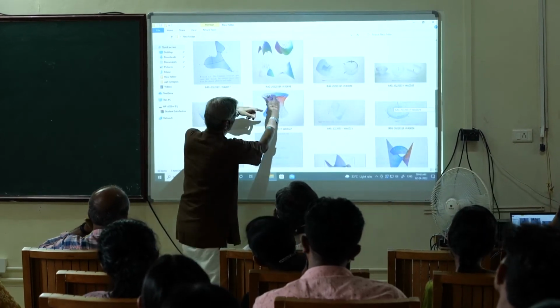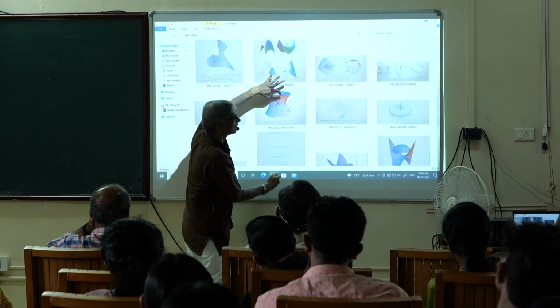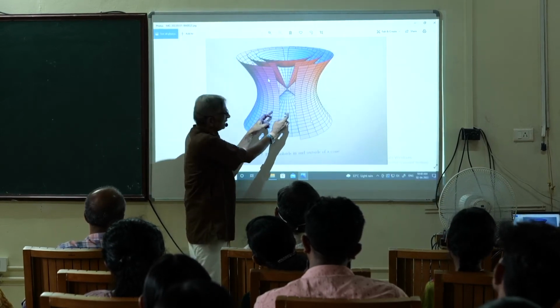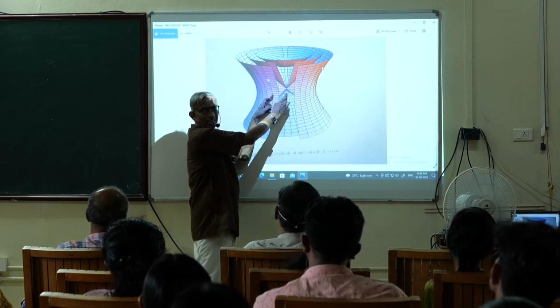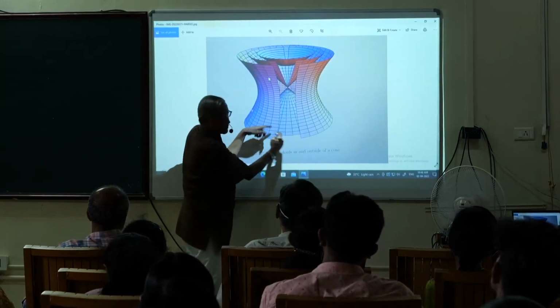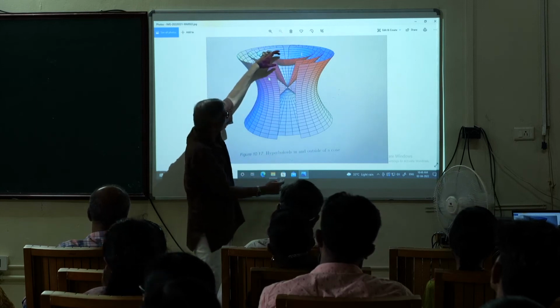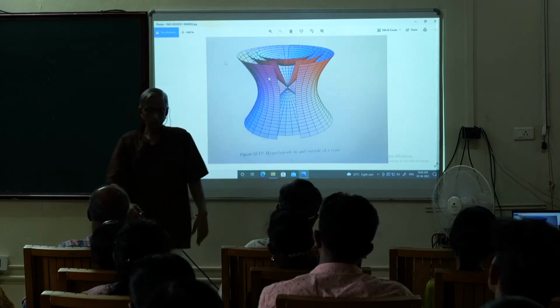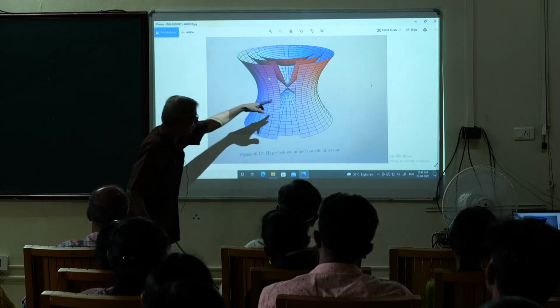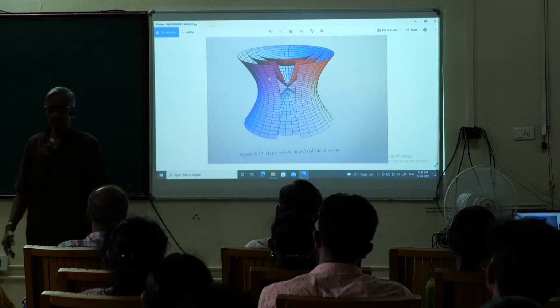So you have one piece. See the one-sheeted hyperboloid. Inside there is a cone, and inside there is the hyperboloid of two sheets. So this sheet is the upper one. There is similarly a lower one. This is a cut here to show what is inside this picture.